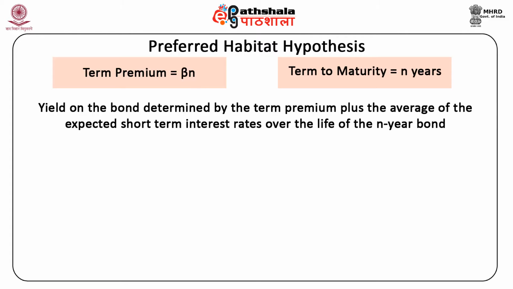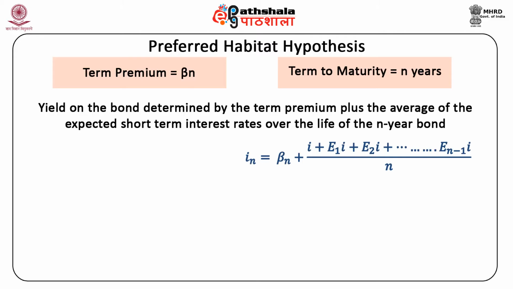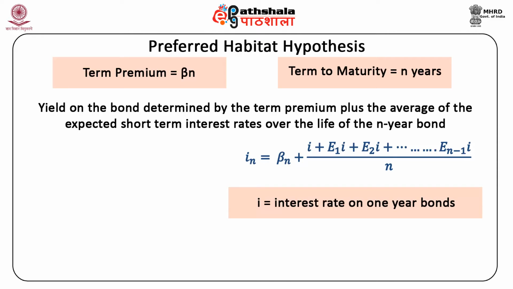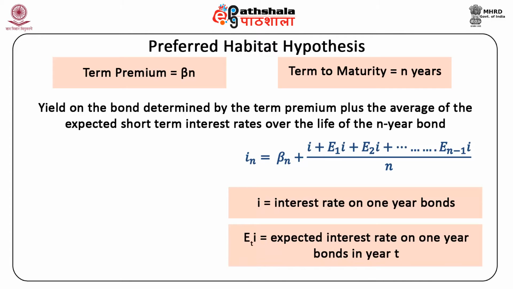That is, I_n is equal to beta_n plus (I plus E1I plus E2I and so on up to E(n-1)I) divided by n, where I is the interest rate on 1-year bonds and E_tI is the expected interest rate on 1-year bonds in year t.